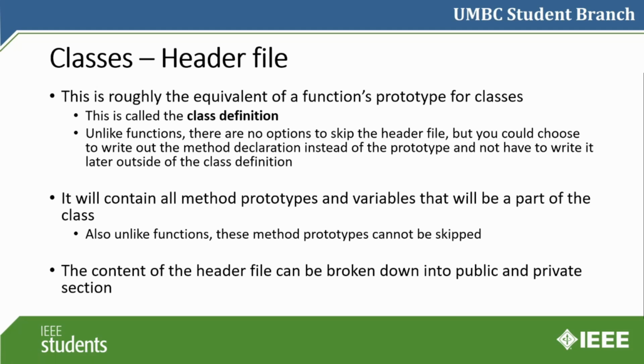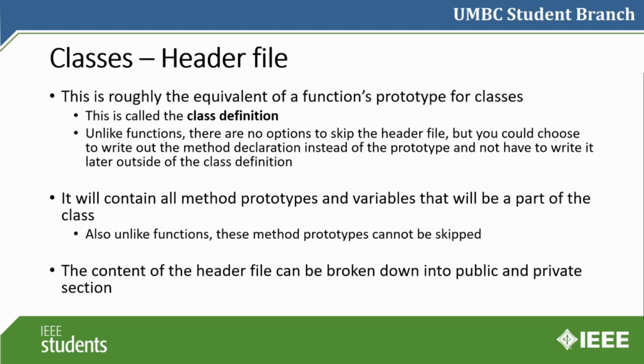Okay, so first, the header file. This is roughly equivalent to the prototype of a function. And this part is called the class definition. Unlike functions with their prototypes, there's no way to skip the class definition in a header file.